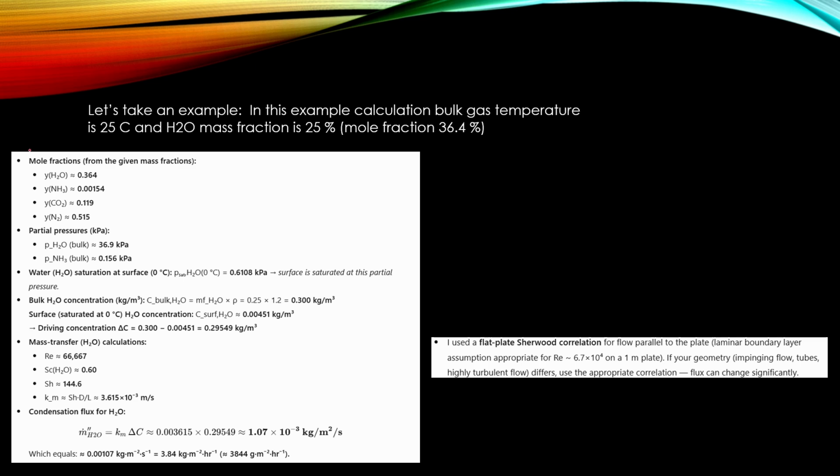We need to move from mass fraction to mole fractions, and from these mole fractions we get the partial pressure for water vapor. We need water vapor partial pressure also at surface conditions. Then we need to calculate the water vapor concentration in kilograms per cubic meter, both for bulk conditions and for surface conditions.